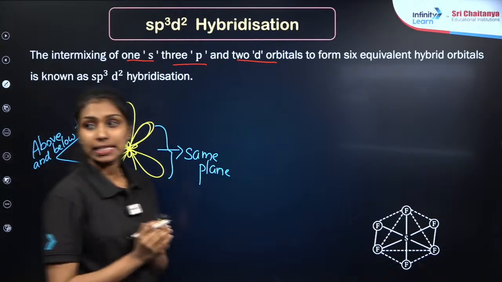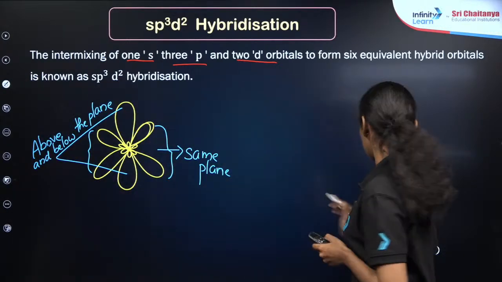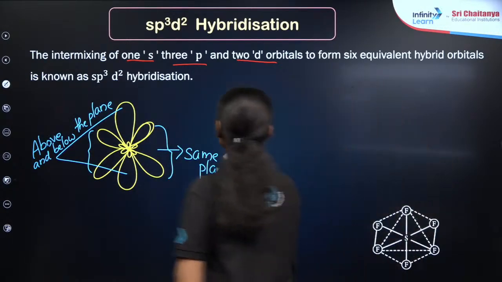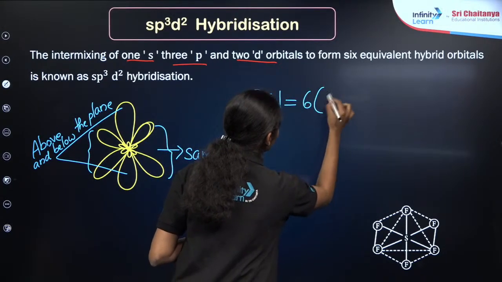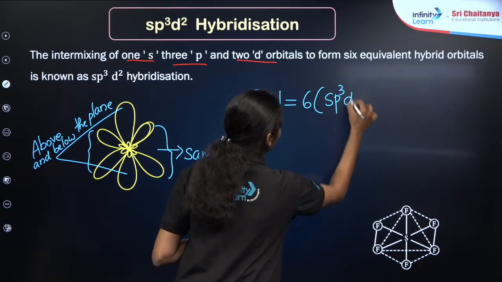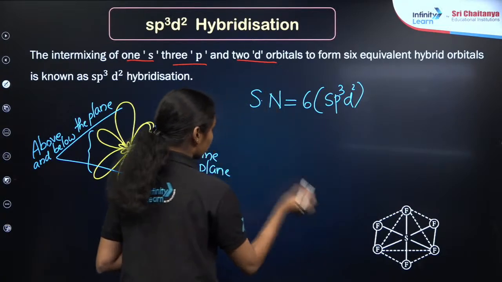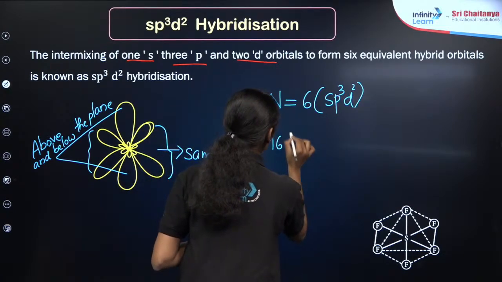Okay, here is the example, the SF6 molecule. In the case of the SF6 molecule, first you have to calculate the steric number, right? The steric number will be 6, which is equal to sp3d2 hybridization. Then find out the ground state electronic configuration of sulfur here. Sulfur is 16, right?